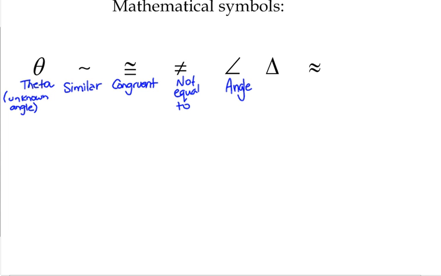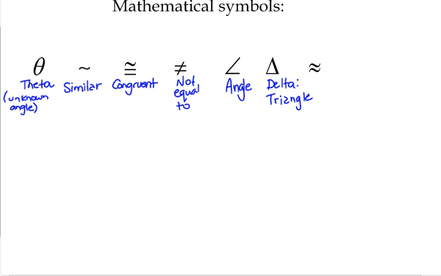It's not always triangle. Its symbol is delta, and in trig, it's a triangle. When we're doing linear relations and graphing, or even in physics, it means the change of. So it can mean change, but it also can mean triangle if we're talking about trigonometry. It can have two meanings.